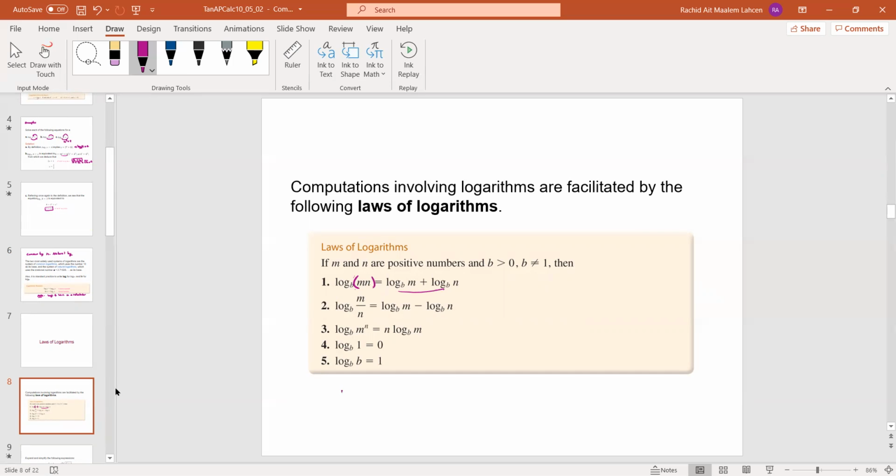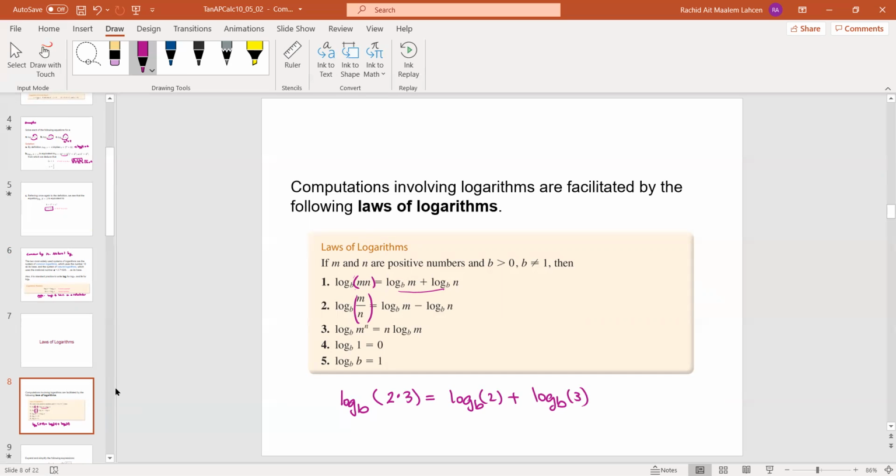So a simple way, let's say 2 times 3, you can change it to 2 plus 3. This is just a simple trivial example to show, right? But we need these properties to simplify or solve equations. Same thing for division, or if you have a quotient. Remember, for exponents, if you have a division, you subtract. So here you're going to subtract the two log terms, right?